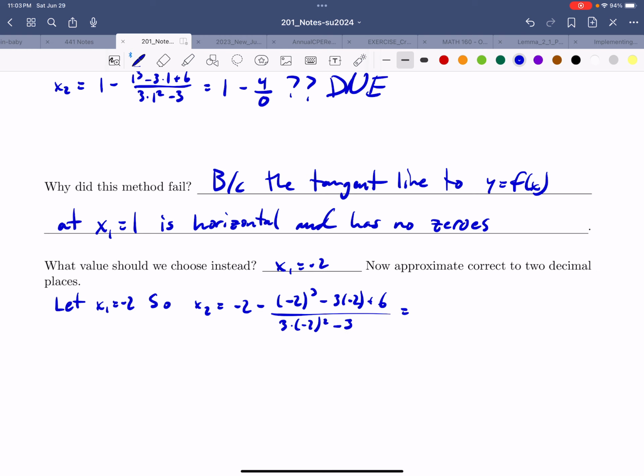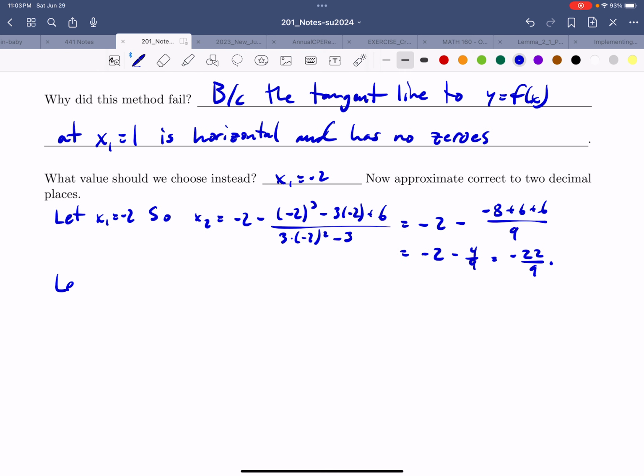Then this will give us negative 2 minus (negative 8 plus 6) all over 9, so negative 2 minus negative 2/9... that is, negative 2 minus 4/9 as written, which is negative 22/9. Let x2 equal negative 22/9.